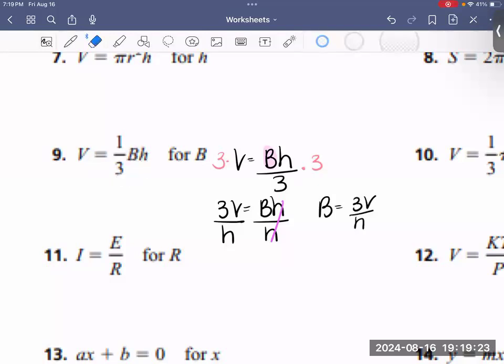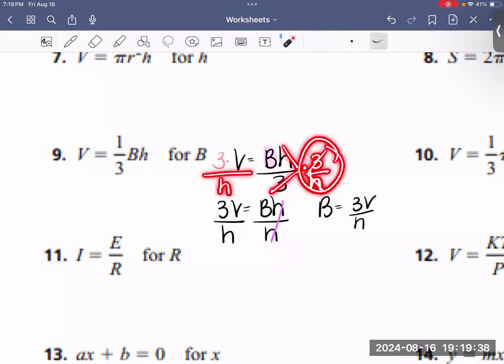Now, if you wanted to, you can certainly do them at the same time. You could say, okay, I'm going to multiply by 3 and divide by h at the same time so that it cancels all out at once. And then what you do to one side, you do to the other.